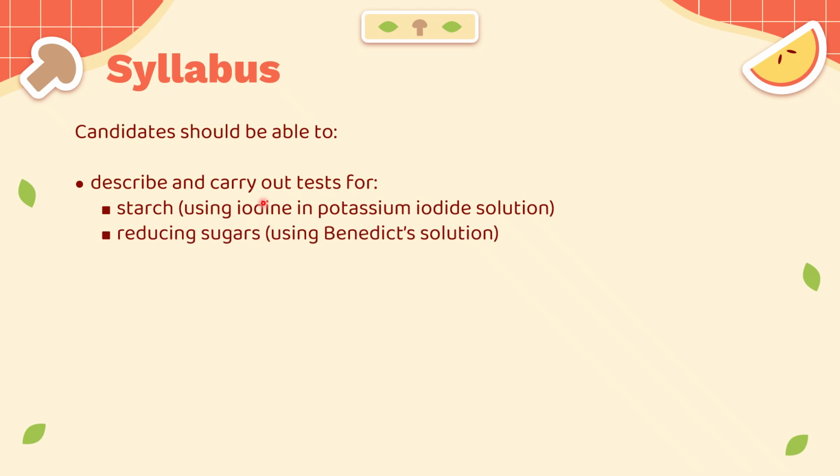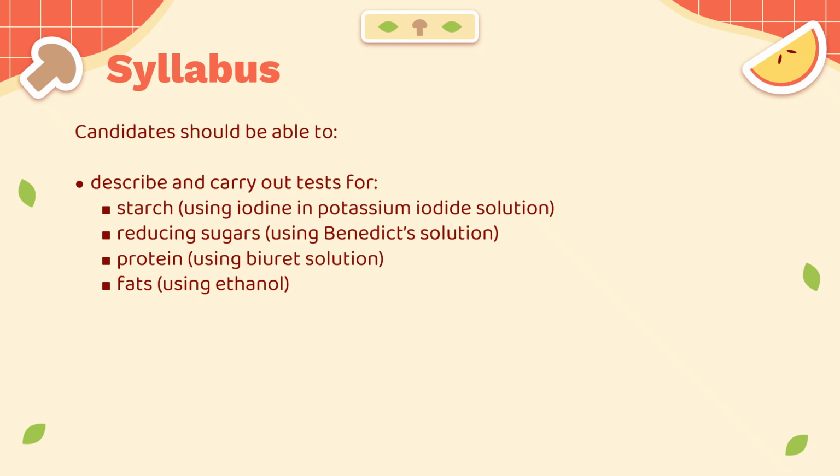You can also test for the presence of reducing sugar using this very unique reagent known as Benedict's solution. You can test whether a food sample contains protein or not using a reagent known as biuret solution. And finally, you can test whether there is presence or absence of fats using ethanol as a reagent.